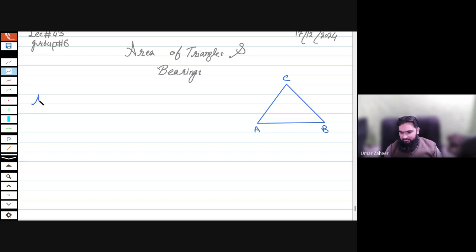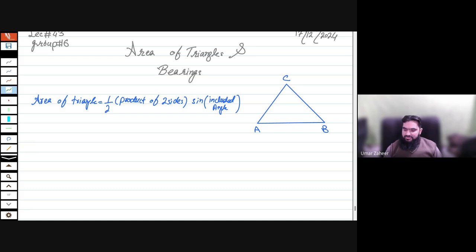So area of triangle is equal to 1 by 2 product of two sides into the sine of their included angle. This is the main formula.